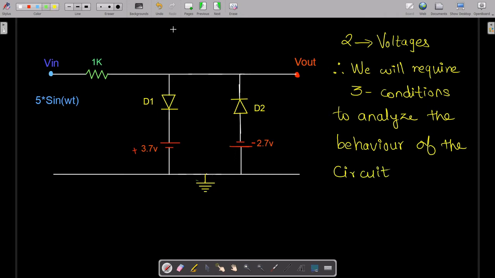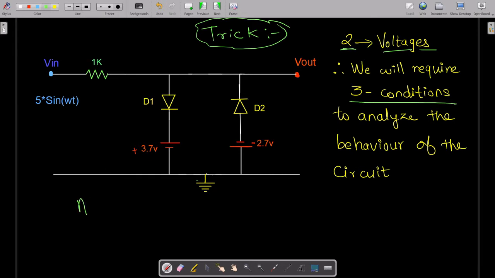So this is a kind of short note from my side, or you can call it a short trick or tip. Whenever you see such a circuit, and let's suppose as of now we have two voltages, then we will require three conditions to analyze the behavior of the circuit.